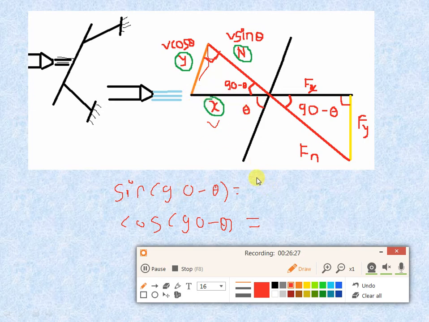So sine means y upon v, so y is equal to v sine 90 minus theta, which is v cos theta.